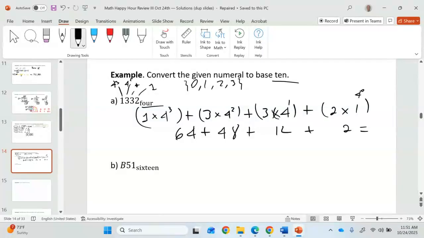Then you do all of the sum, 64 plus 48 plus 12 plus 2, and this is going to be 126. So 1332 in base 4 is equivalent to 126 in base 10.